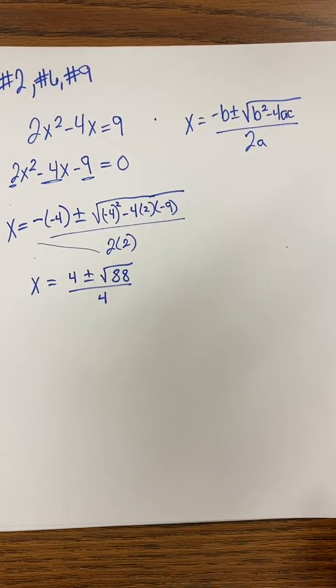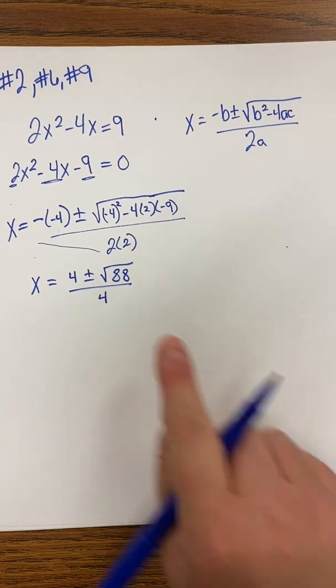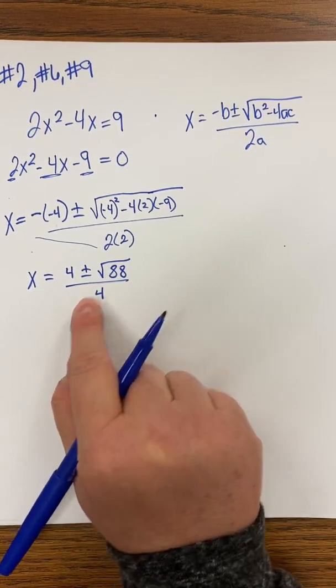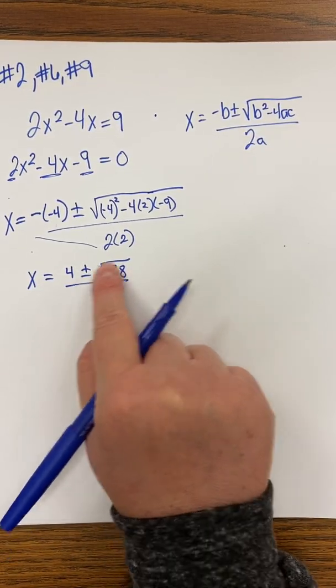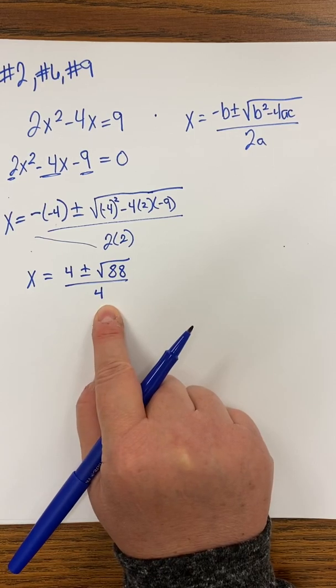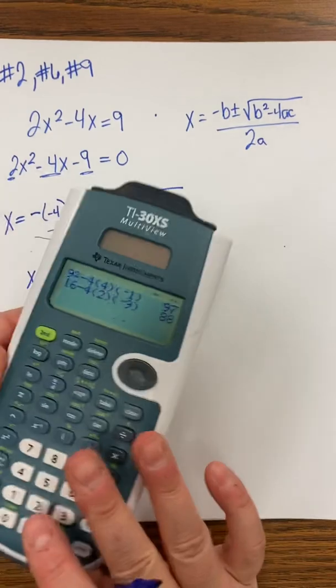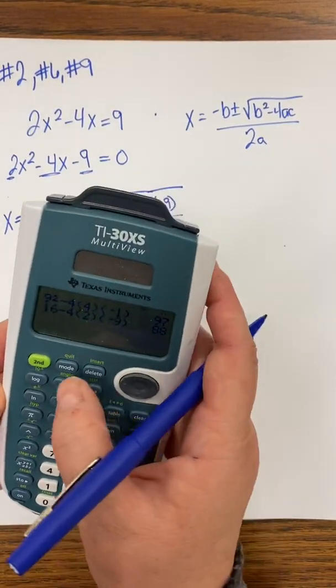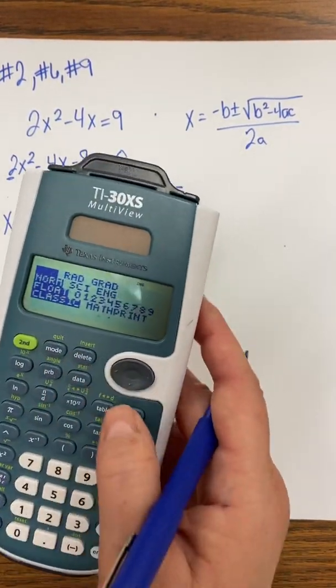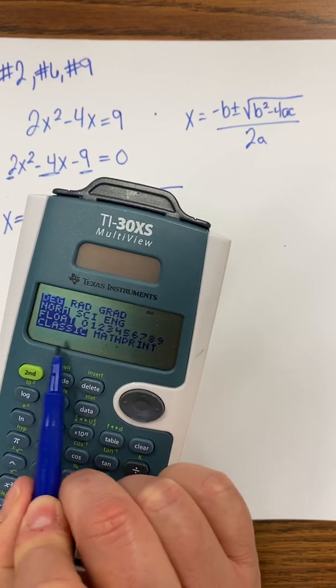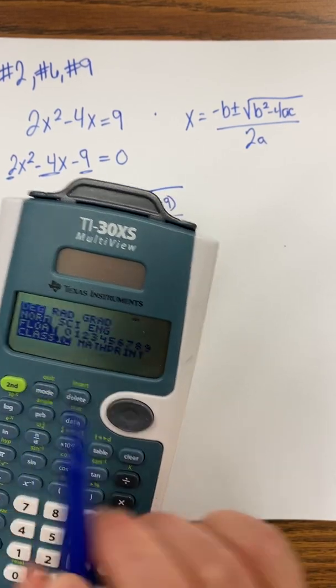Now remember, our answer said round to the nearest hundredth. So now we're going to do our 2 answers, and we're going to finish them out as a decimal. So what you got to remember is, if you're using this TI-30XS MultiView, make sure you go to your mode and make sure classic is selected because you need a decimal.